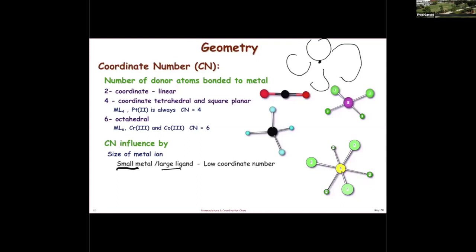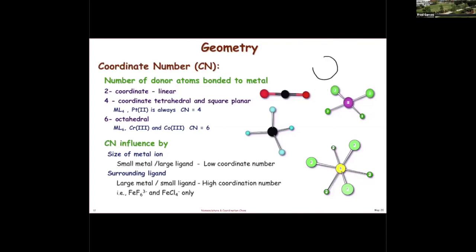So they tend to have low coordination number, something like 2 or 4, versus those in which you have a large metal and small ligands, then you can accommodate more than 4 ligands. You can accommodate more ligands around them, and so they tend to have high coordination number.